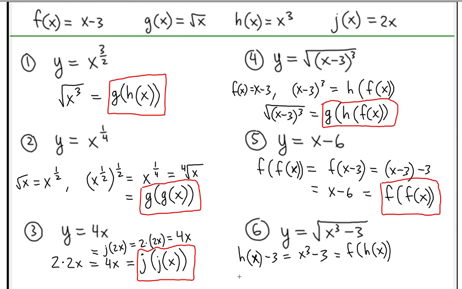So if you want to square root this, you're going to have to square root the f of h of x. And of course, that means you're going to put it as the input of the g. That would be your respective answer for question number 6.